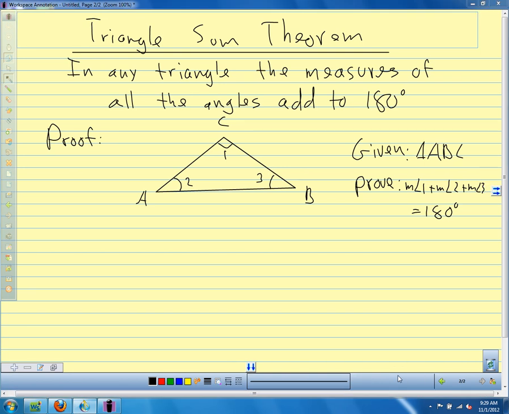All right, so here's how the parallel postulate helps us. So let's write our statements and our reasons.